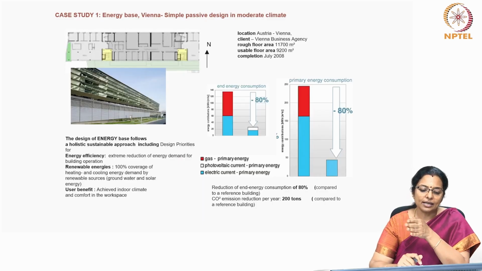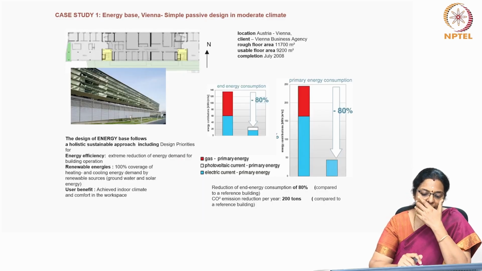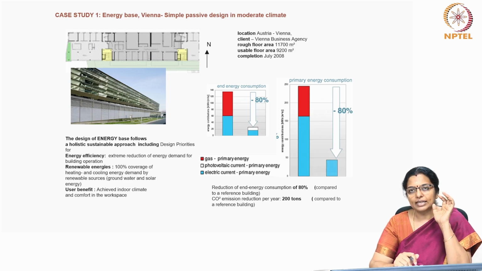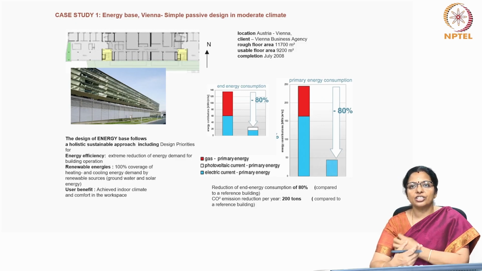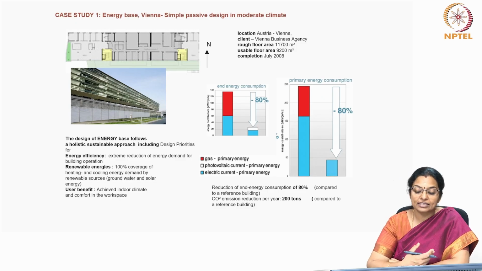We will see another building, the Energybase Vienna. It uses simple passive strategies in a moderate climate. This follows a very holistic, sustainable approach, including design priorities for energy efficiency. Extreme reduction of energy demand for building operation has been demonstrated in this building.